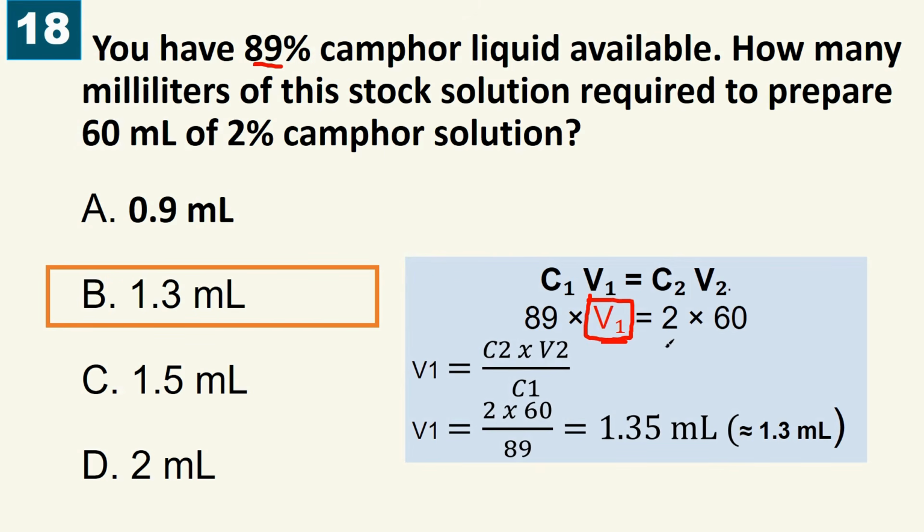Then 2% is C2 and 60 mL is V2. So V1 equals C2 V2 divided by C1, that is 2 times 60 divided by 89. That gives you 1.35 milliliters. That's the best answer.